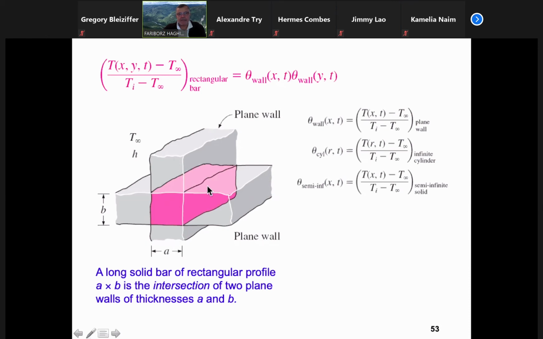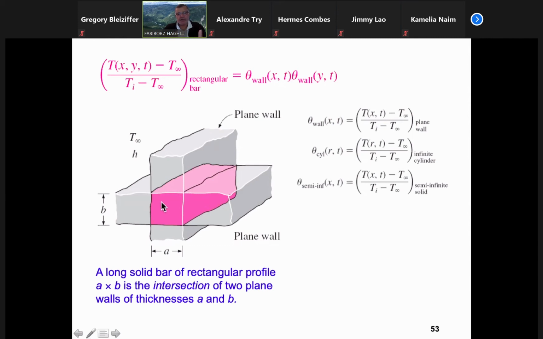Therefore, for this small case, assume you have a box of frozen vegetables. It is a small box, not a huge box. Therefore, you can assume this is a product of a long Y direction and an X direction. If I multiply them together, I find it for this rectangular system, okay?